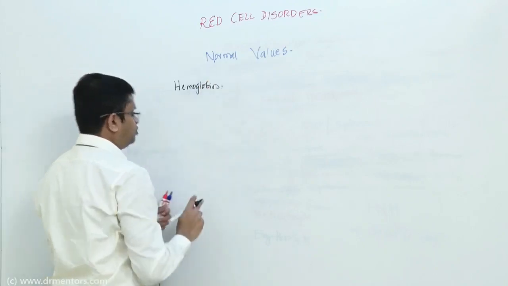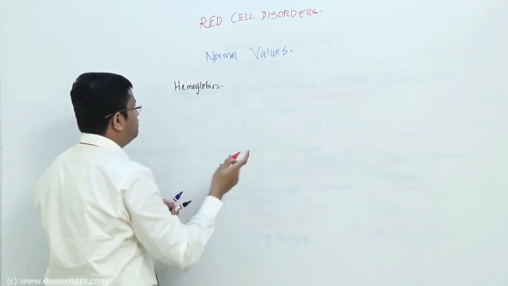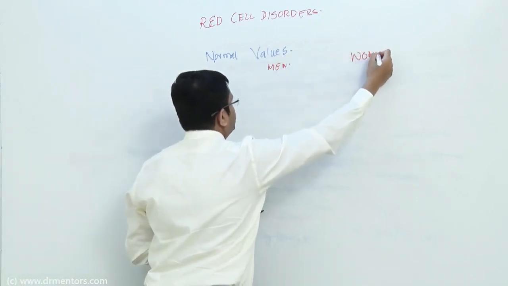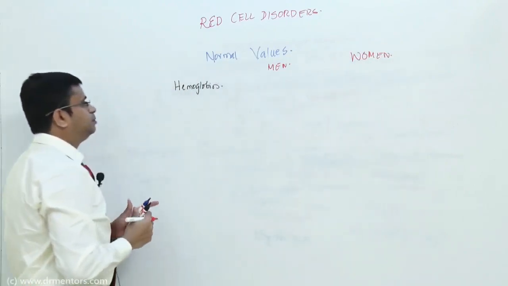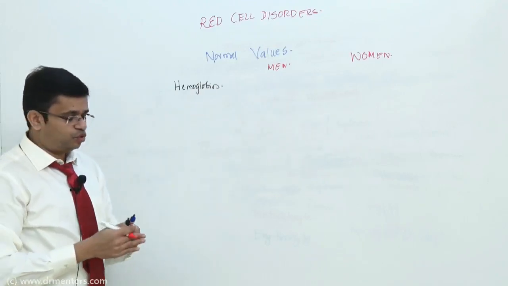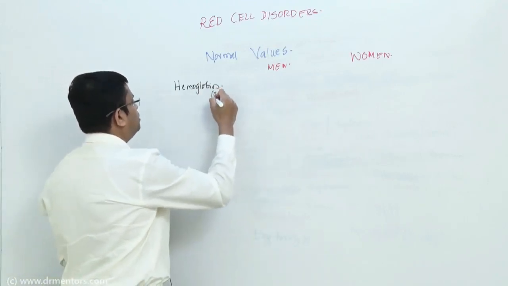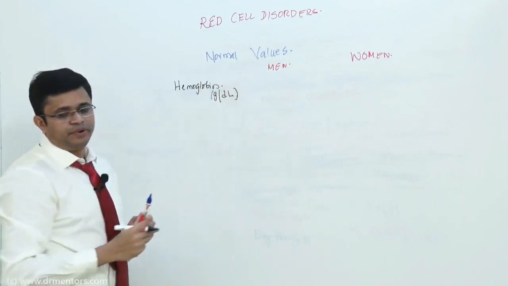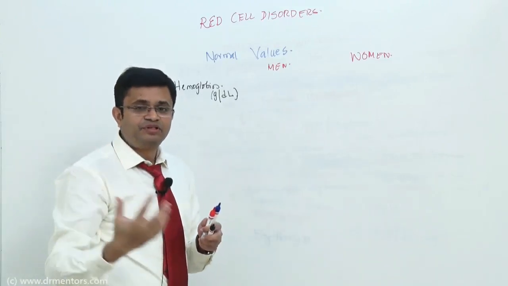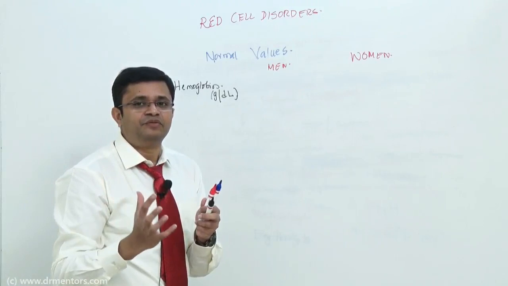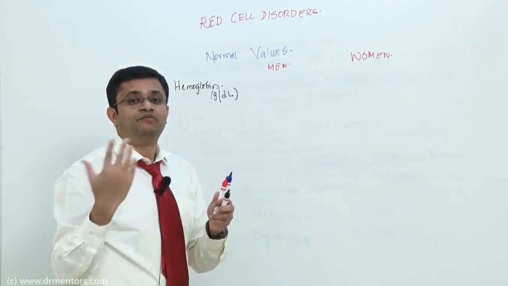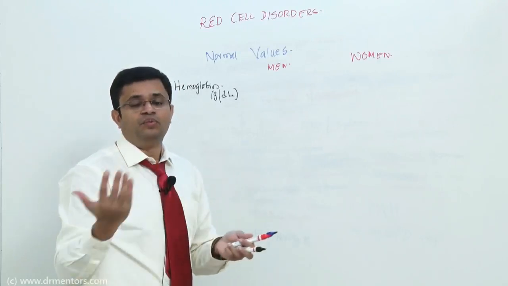Hemoglobin values differ for men and women. So keep in mind, there is a subtle variation of the hematological values for men and women. Hemoglobin is measured in grams per deciliter. If you look into the normal values, I want you to learn the limits for men and women, because when I see a hemoglobin report I compare the patient's value with the reference range.